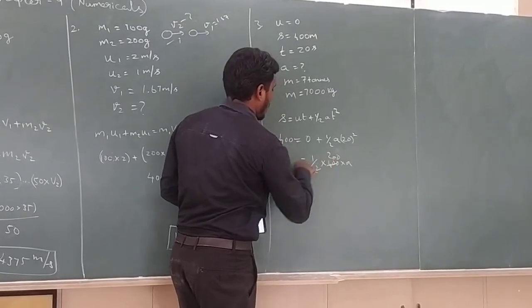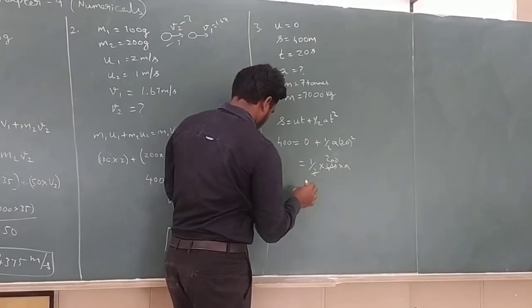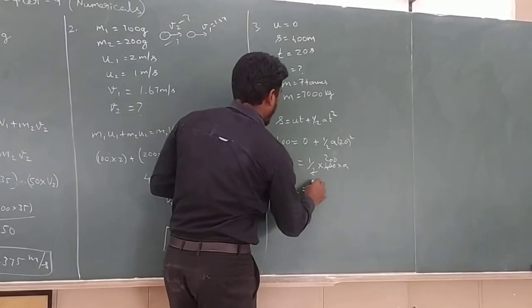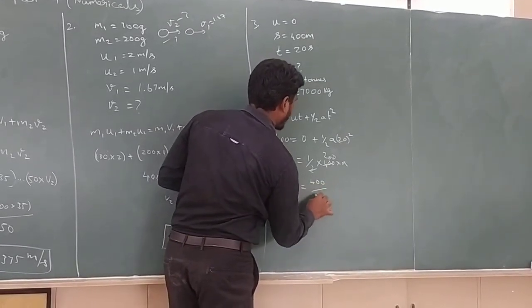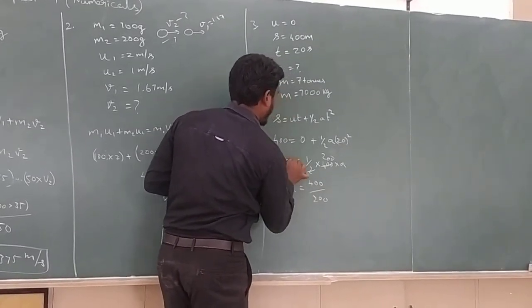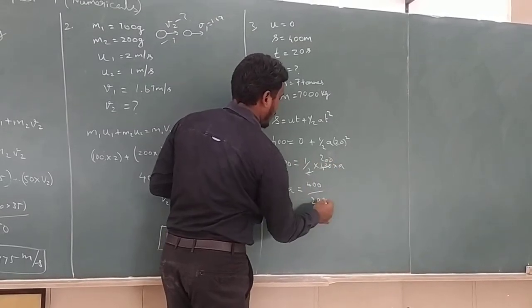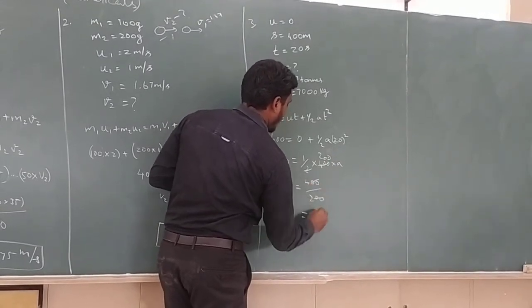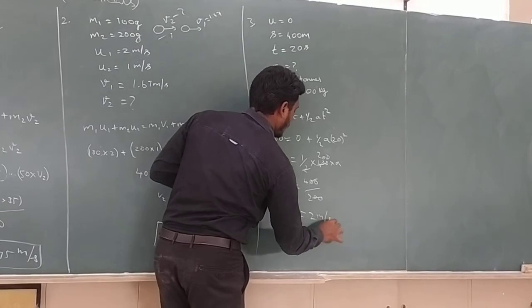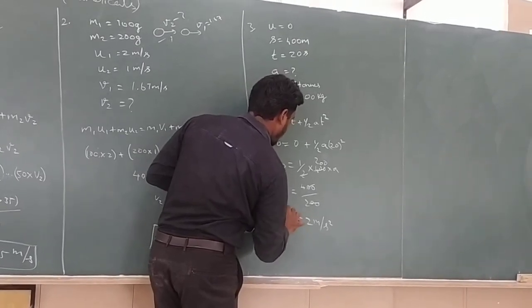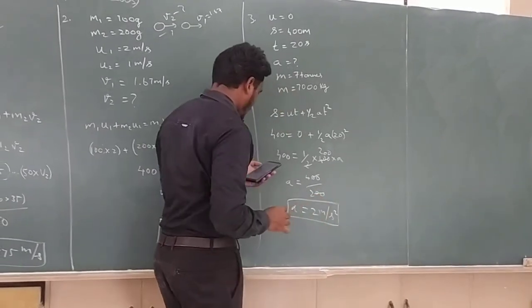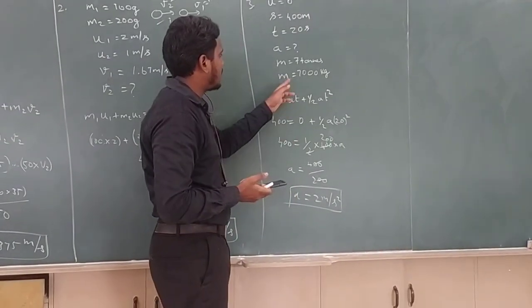So a will be 400 by 200. I can bring this 200 as denominator. So I will get 2 meter per second square as the acceleration of the given truck.